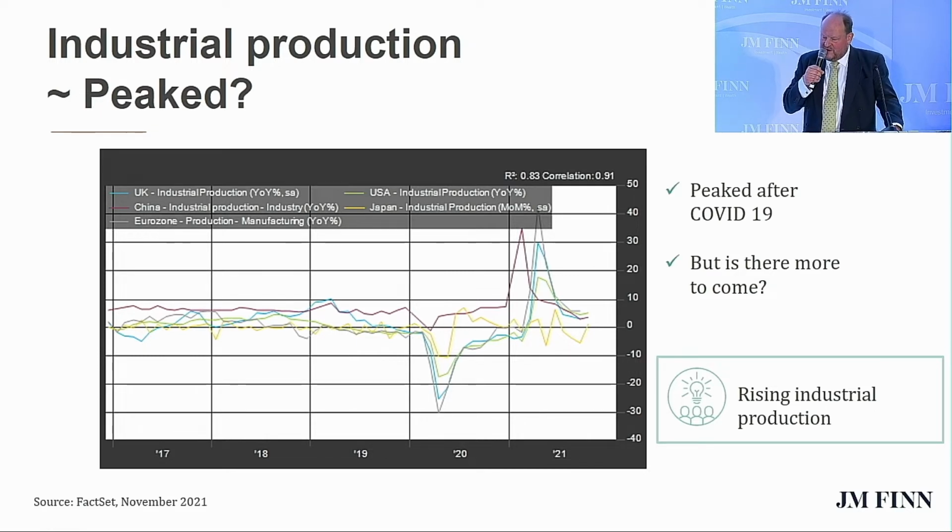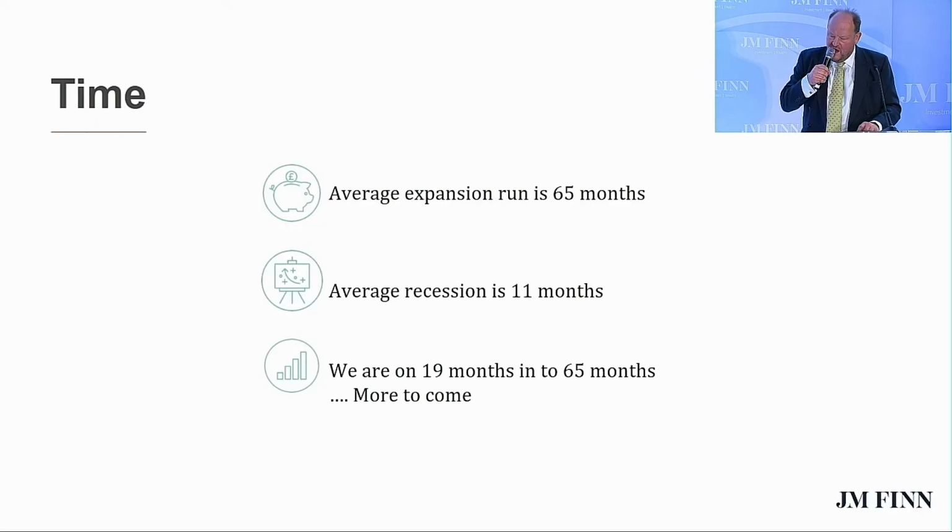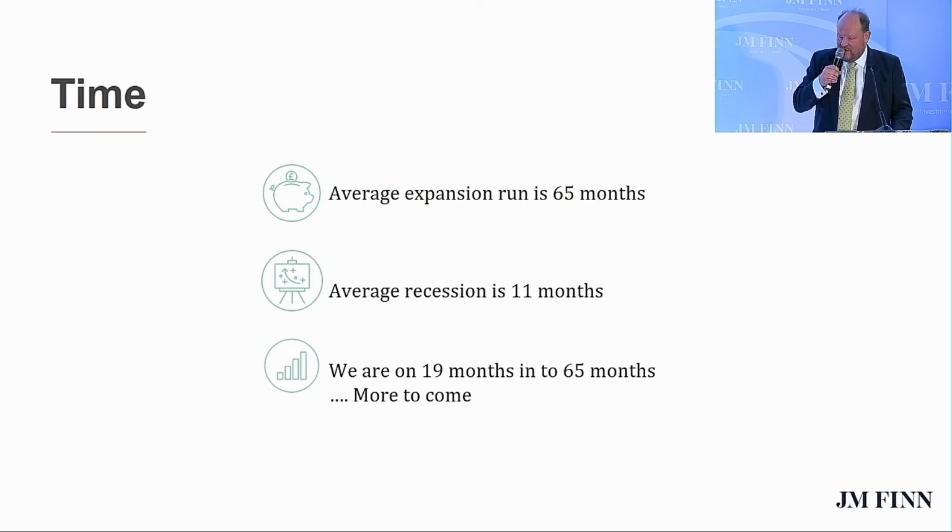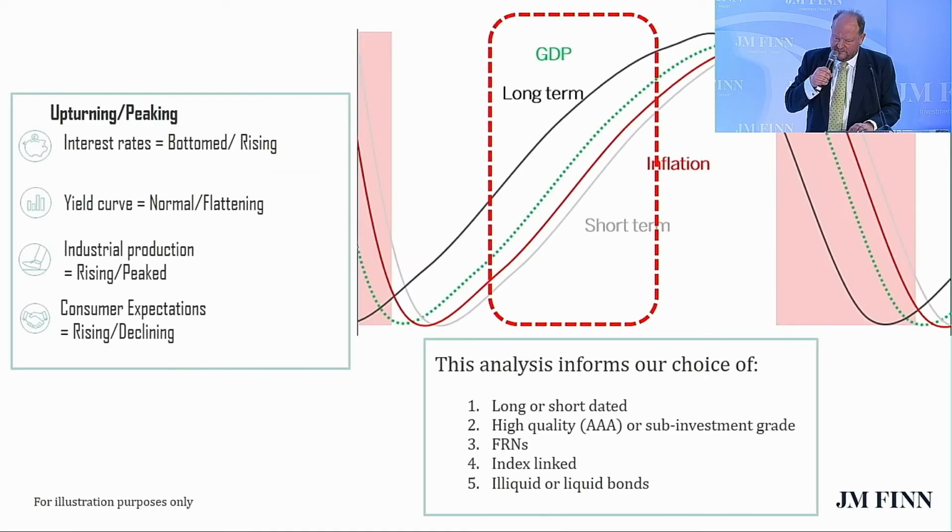So we are below the peak, but I think there's more industrial production to come, basically above long-term trend going forward. The other thing to take into consideration is that the average expansion is 65 months, the average recession is 11 months, and we are 19 months into 65 months, so in theory there should be more to come.